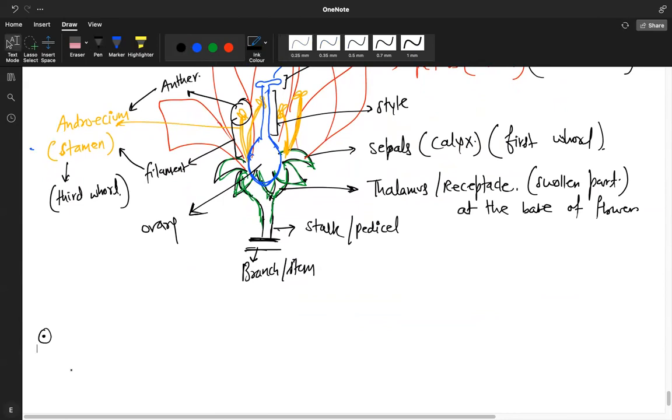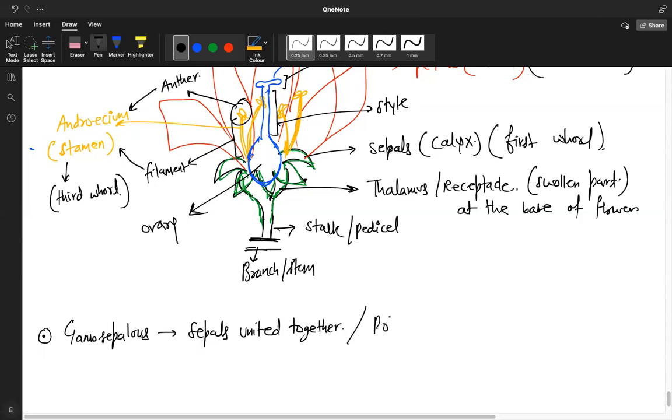Now the calyx can be of two types on the basis of whether all the sepals are united together or they are free. Okay, so if all the sepals are united together, it is called gamosepalous. So write down if all the sepals are united together in a calyx, it's called gamosepalous.